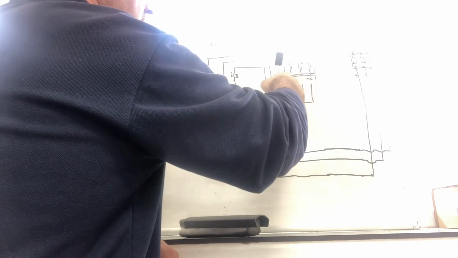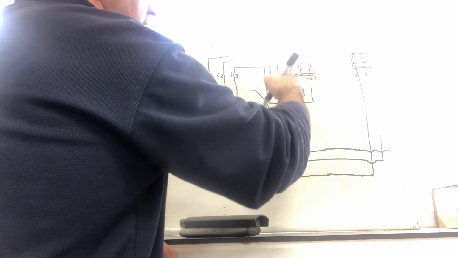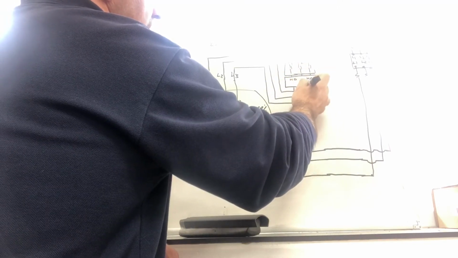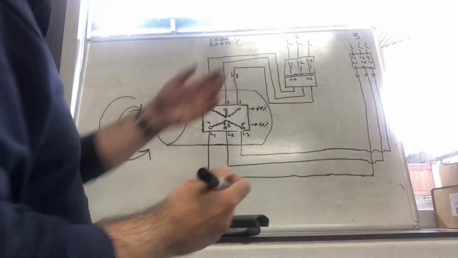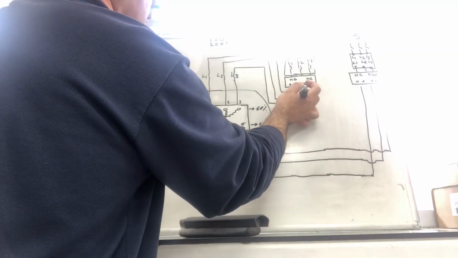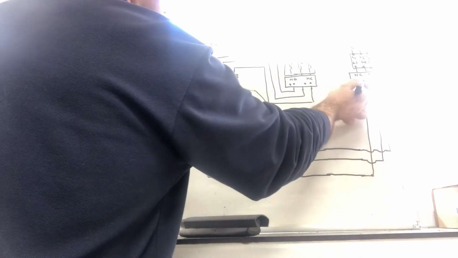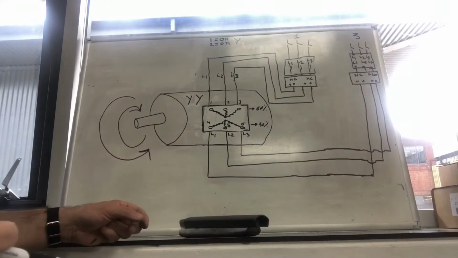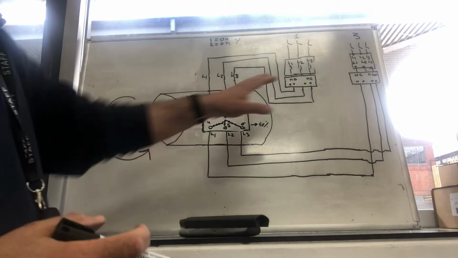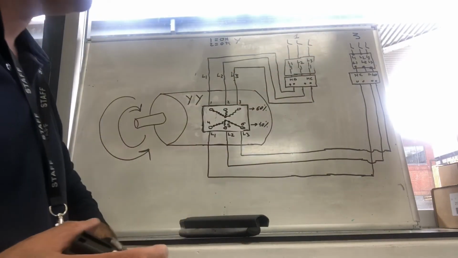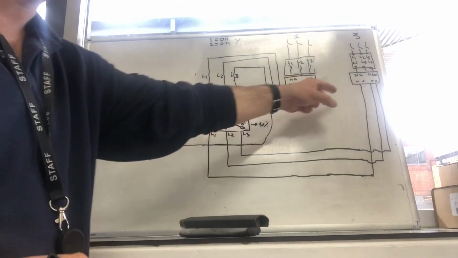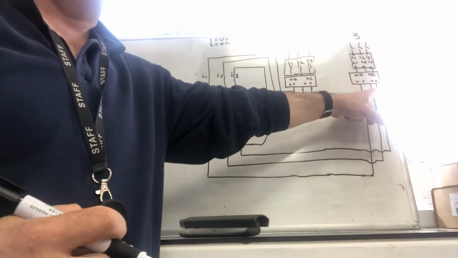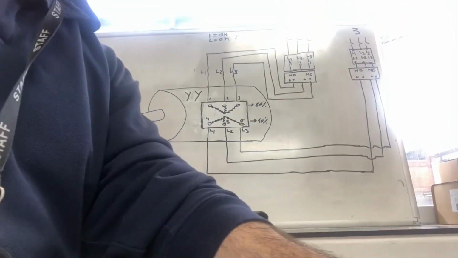I have to make it a bit bigger, I'm sorry, I don't have enough space. So technically, if you look at this overload, normal close, normal open, the normal close will allow the contactor to run.